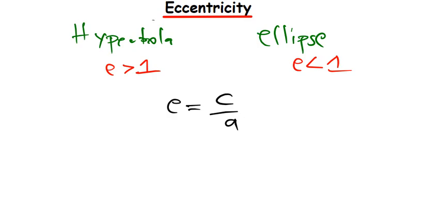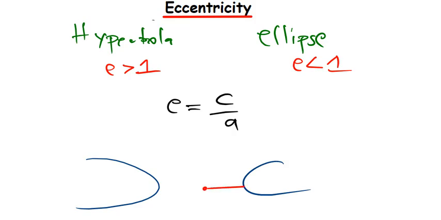In terms of a hyperbola, the distance from the center to a vertex is a, and the distance from the center to a focus is c. So c represents the distance from the center to the focus, and a the distance from the center to the vertex.